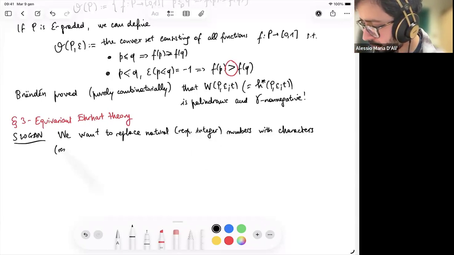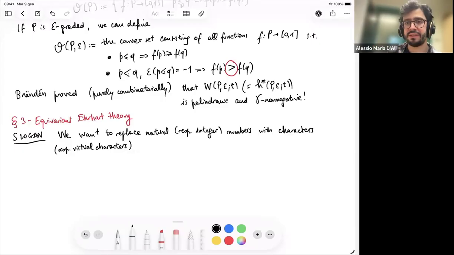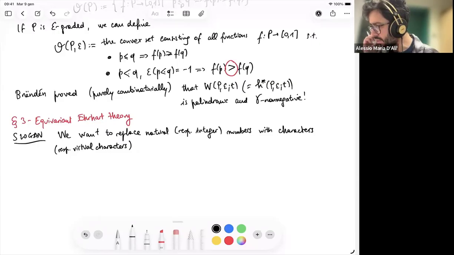And actually, characters would be genuine representations. In general, I would need something known as virtual characters. For those in the know, this is basically the Grothendieck ring of representations of the group G. But we are just playing with characters because we are working over the complex numbers and the information is the same in this context.